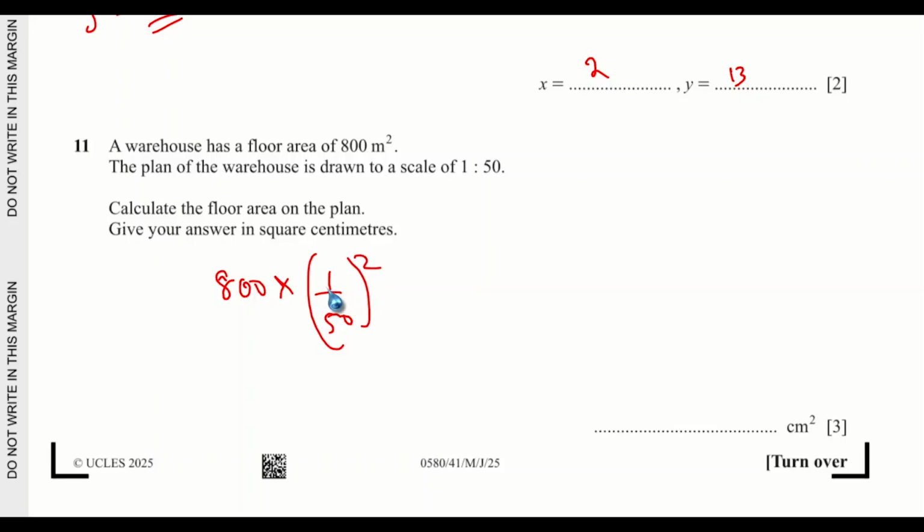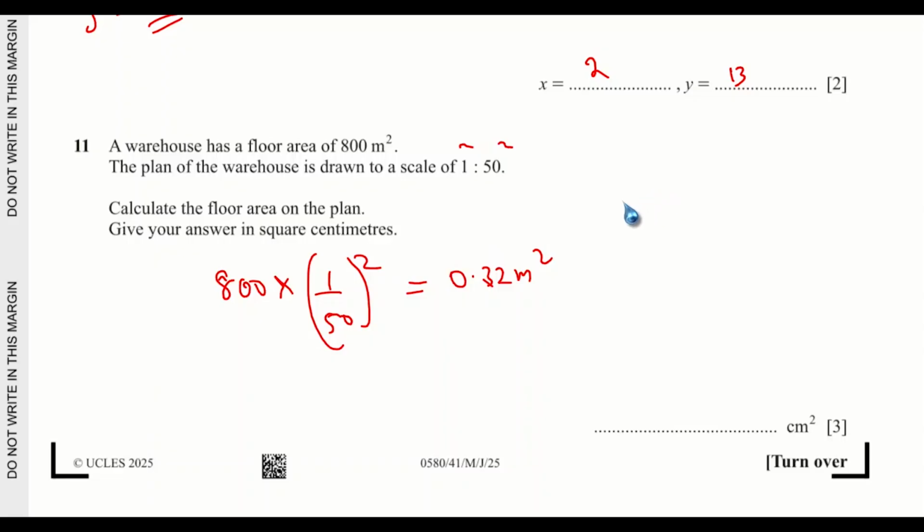Because it is area, this has to be 1 squared and then 50 squared. So if you input this into a calculator, you should get I think 0.32 squared meter. But we have to give the answer in square centimeters.